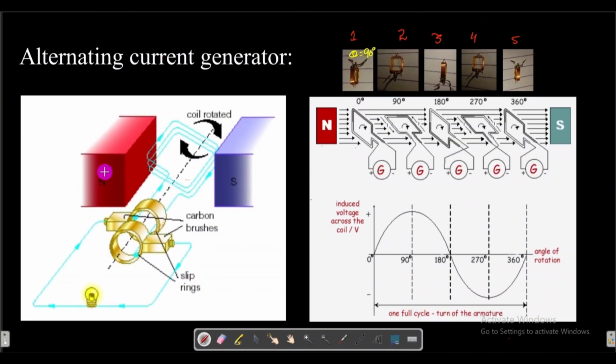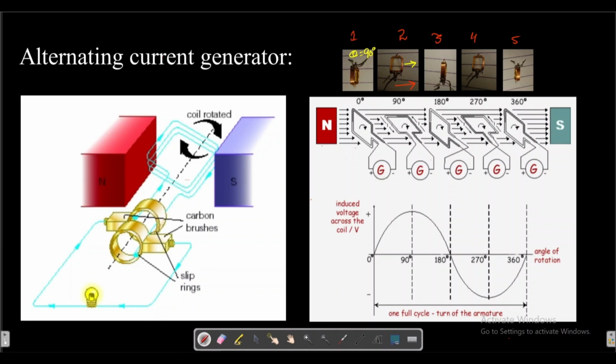Now, in the second position of the coil, the coil is present horizontally. On this side of the coil we have some area, and the direction of the area is from left to right, and similarly the direction of the external magnetic field is also from left to right.